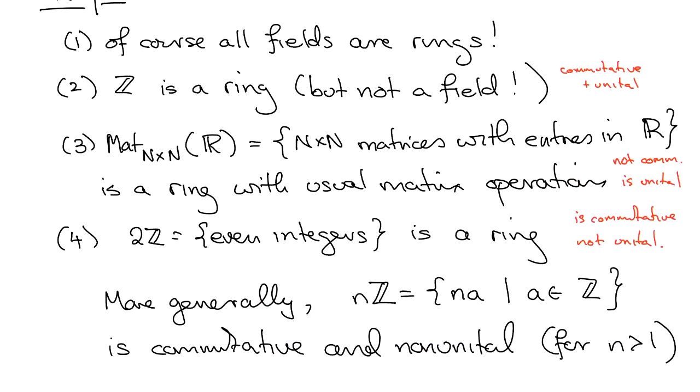Matrices are a good way of taking some base object in mathematics and making it more complex. I mean, you get a higher level object by looking at matrices over that object. So here, this didn't have to be the reals. It could have been any field, and then I could make the ring of matrices over that field. It didn't even need to be a field. It could have been an arbitrary ring, like the integers, and then I could look at matrices over those integers.